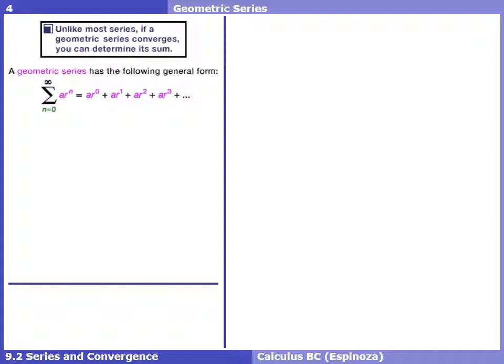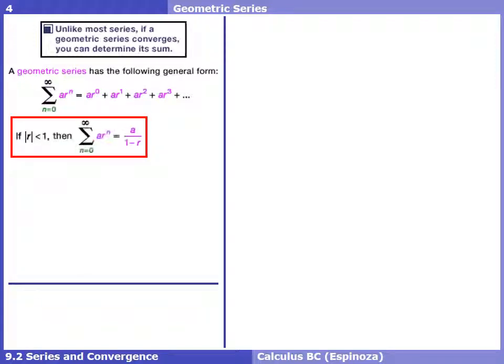In this case, we're starting at 0. We can also start at 1, but we're going to save that for a moment. In general, a geometric series has this form right here. It's a number times another number to the n power. And of course, if you were to expand that, we would just have a times r to the 0 plus a times r to the 1, and so on.